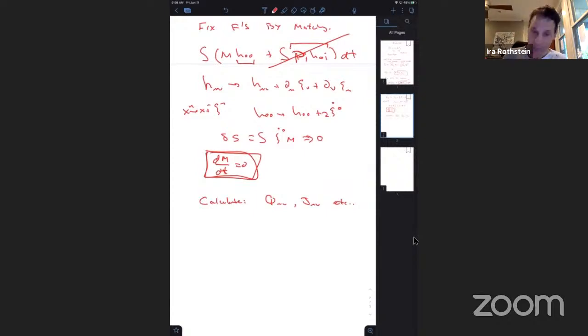And actually, there's a trick to doing this. So we know that in general, the coupling of the metric to the matter action can always be written in this way. This is the definition of T mu nu.